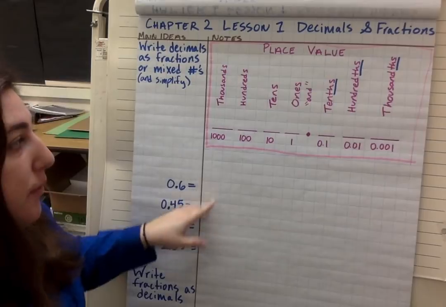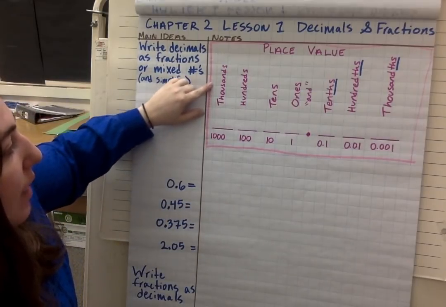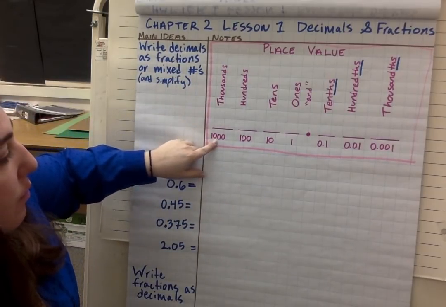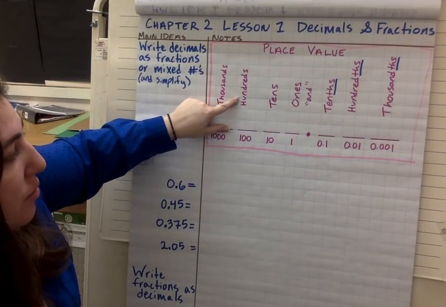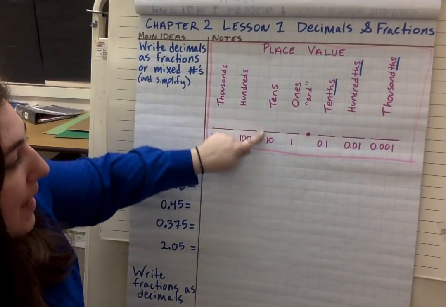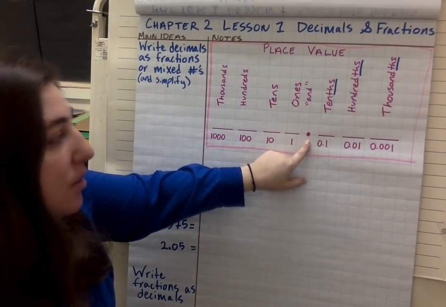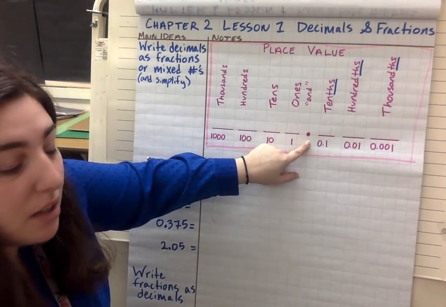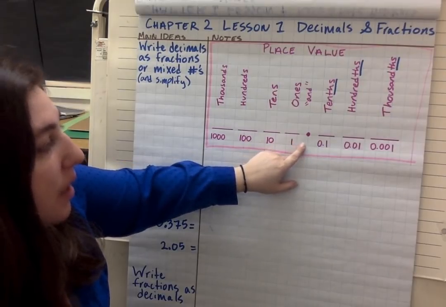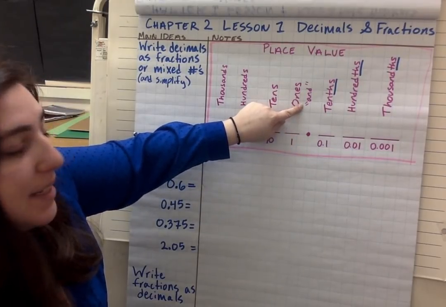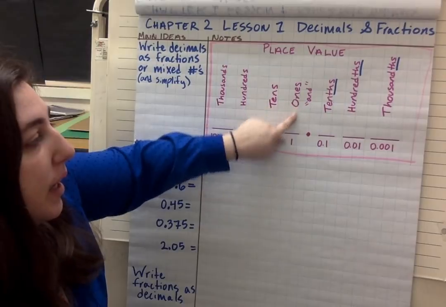Okay, and just to review our place value real quick, we have thousands, which is in the thousand spot. We have hundreds, we have tens, ones, we have our decimal, and our decimal, if we were saying a number, we would say it as "and." Okay, we'll go over that in a little bit.